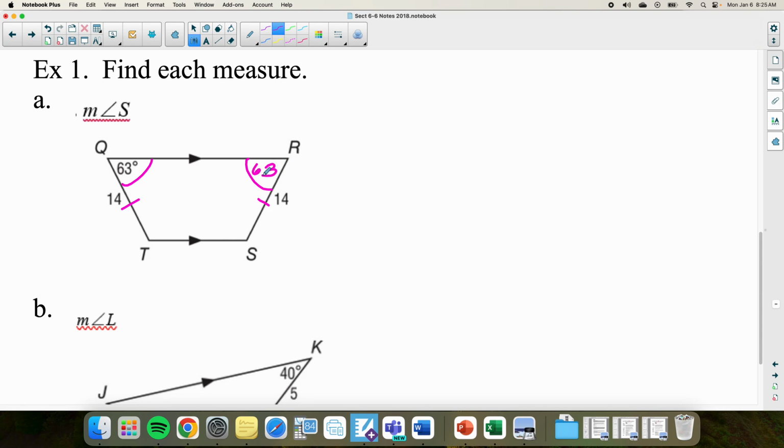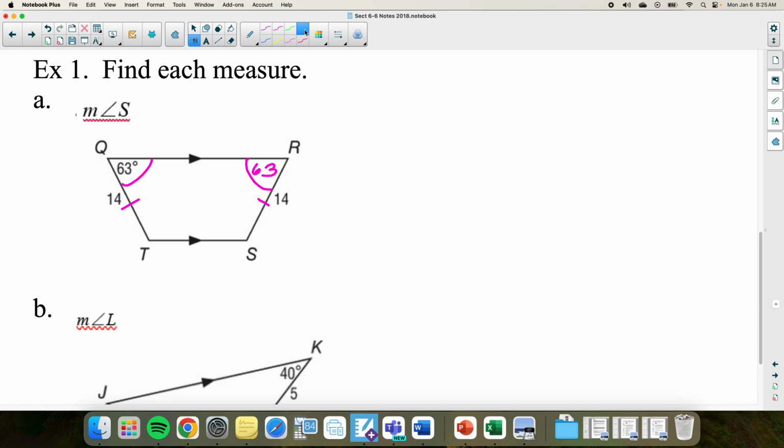Now, another thing that we have to remember back to chapter 2, so this was a while ago. Do you guys remember learning about alternate interior, alternate exterior, consecutive interior, and corresponding? Can you tell what these two angles would be if these are parallel and this is your transversal?